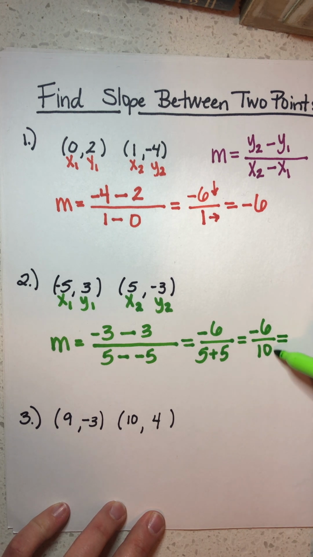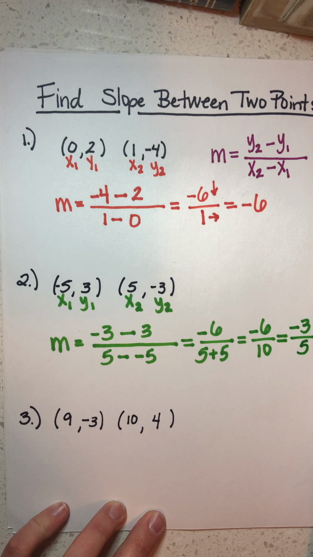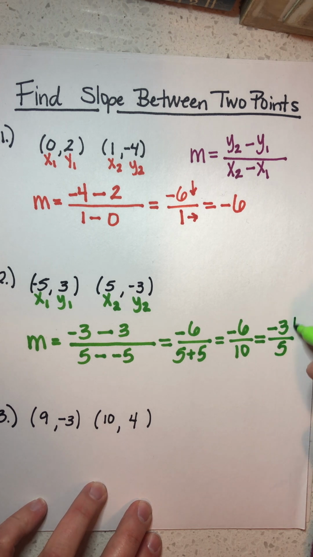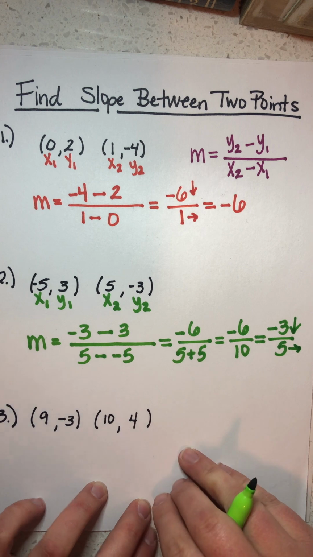Since these are both even numbers, we can divide by 2. Negative 6 divided by 2 is negative 3, and 10 divided by 2 is 5. So that means this slope is going down 3 and then right 5.